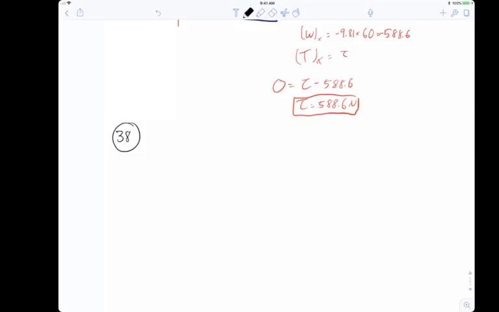Okay, you know what? I'm going to scratch 38, just because it's not a massless rope, and when you enter mass into the ropes, it's a straightforward calculation, but I don't think we're going to test you on it, so it's not testable. I don't like those questions.